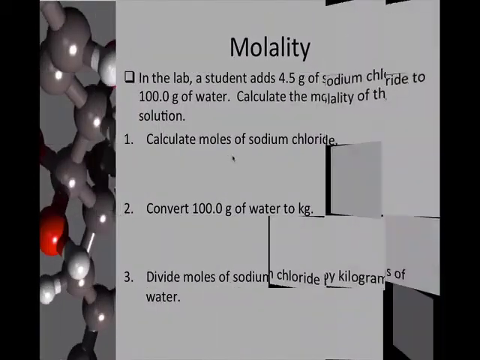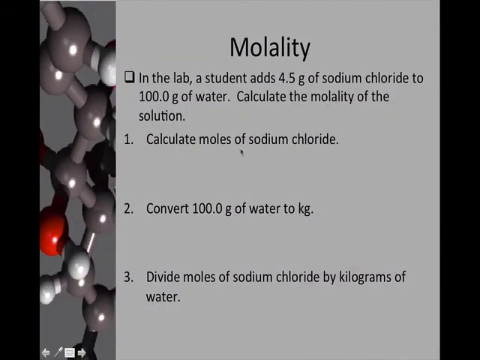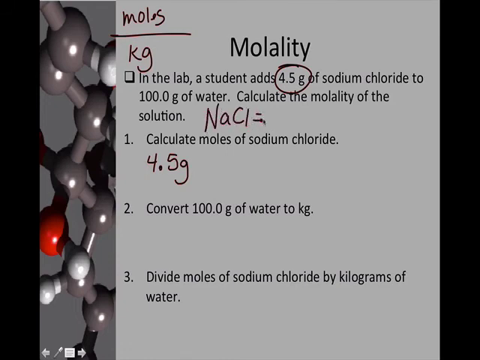The first problem we're going to do together says, in the lab, a student adds 4.5 grams of sodium chloride to 100 grams of water. Calculate the molality of the solution. Because molality is moles of solute per kilogram of solvent, I'm going to take my 4.5 grams of the solute, sodium chloride, and NaCl on the periodic table is 58.45 grams per mole.